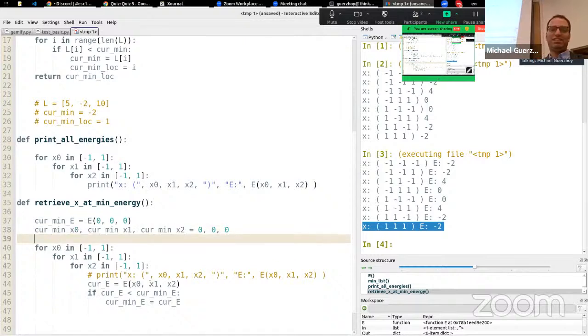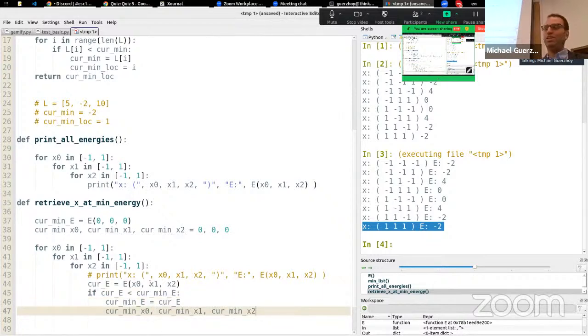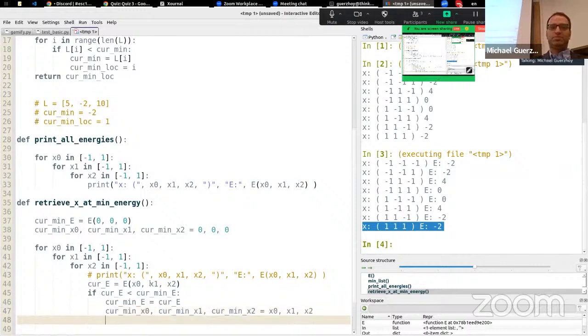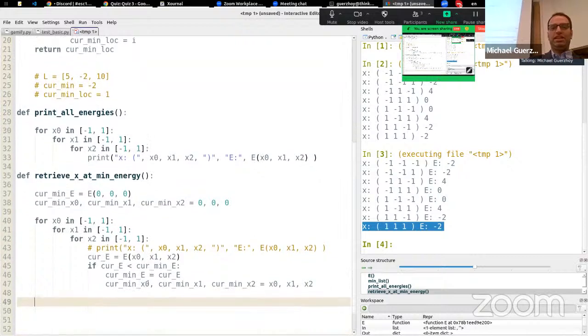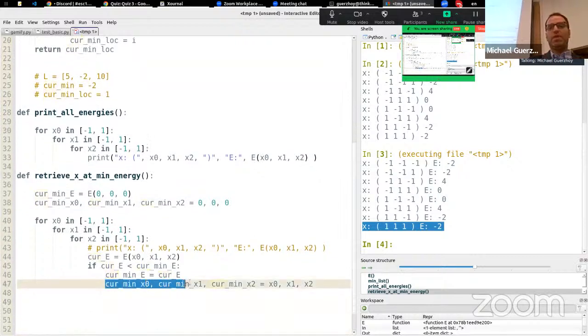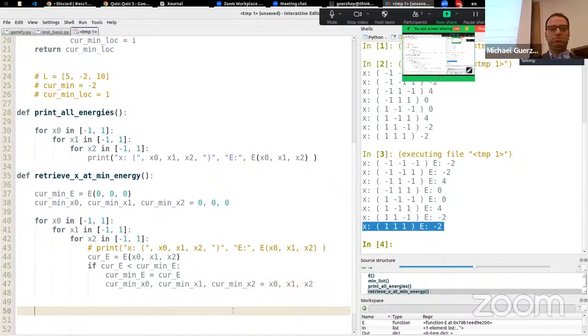Use the arrows to navigate. Use the arrows to select. Control C, Control V. You can also use lists for this. All right. So at the end, we can return a list that consists of min x0 and min x1 and min x2. Like so.